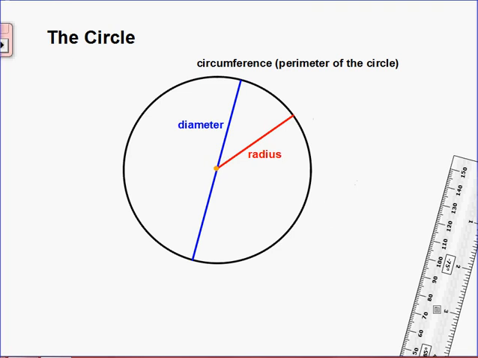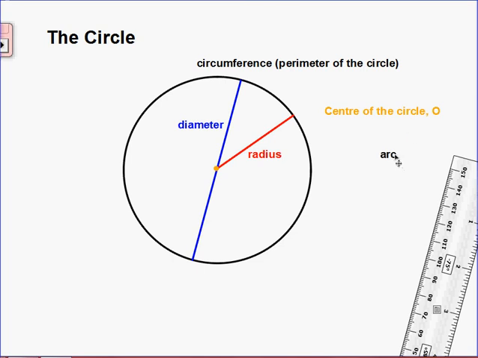Okay, so this is the center of the circle. Okay, something new for this year is the word arc. What is an arc?